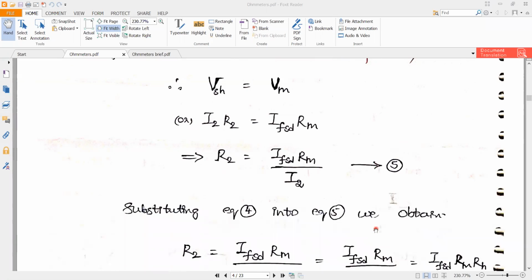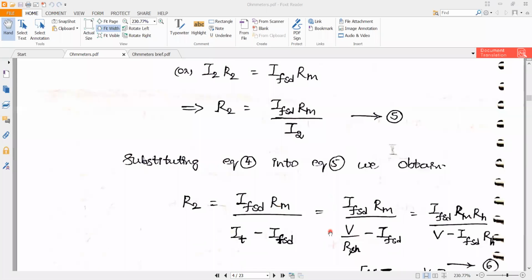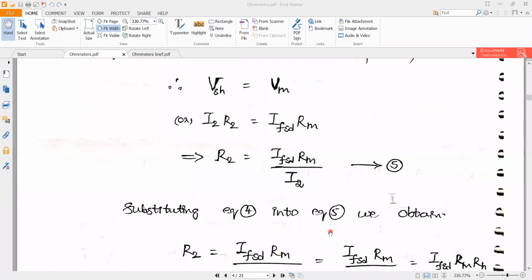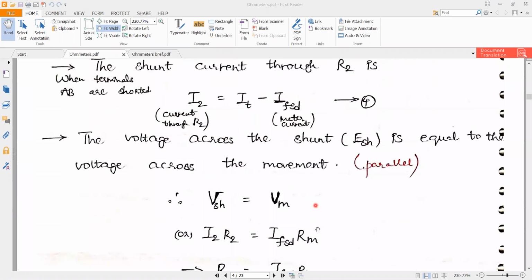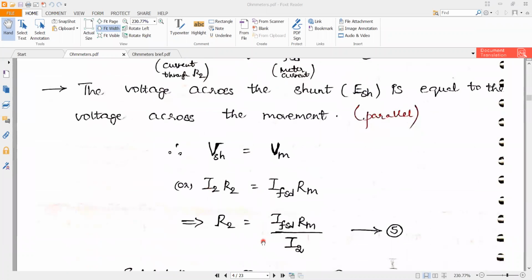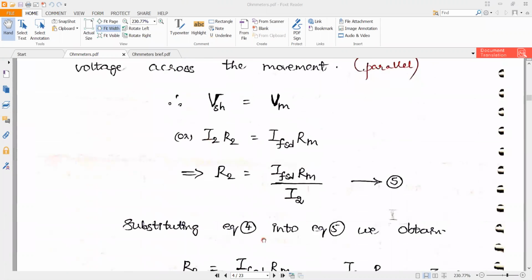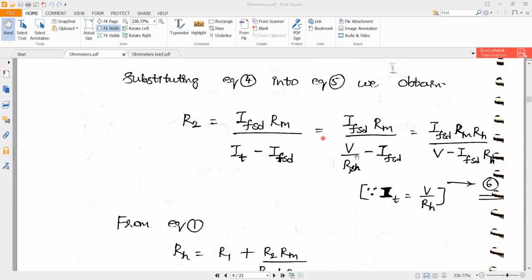Substitute equation number 4 in equation 5. Then R2 is equal to IFSD Rm by IT minus IFSD on substitution.